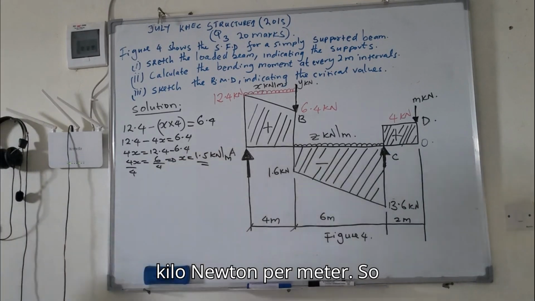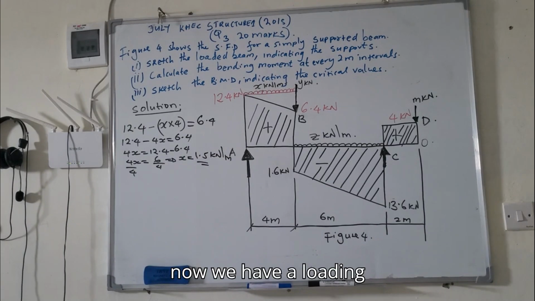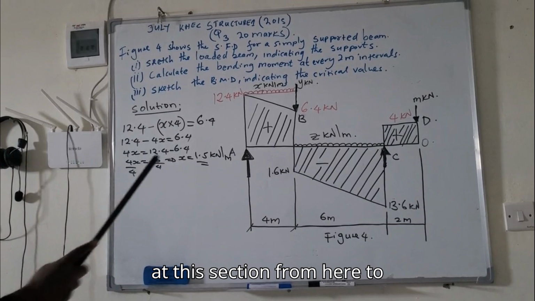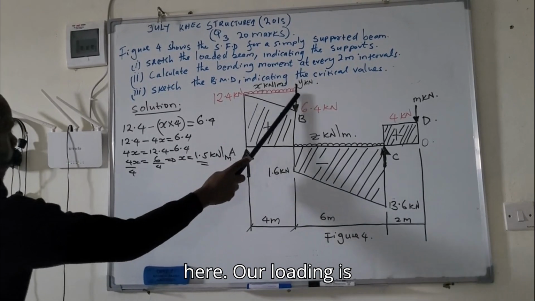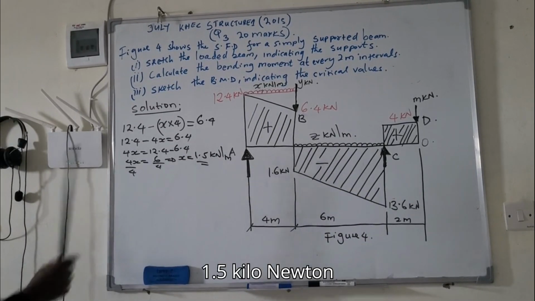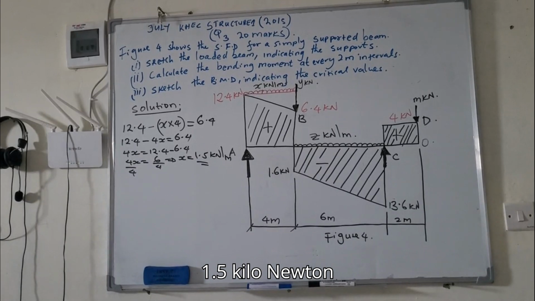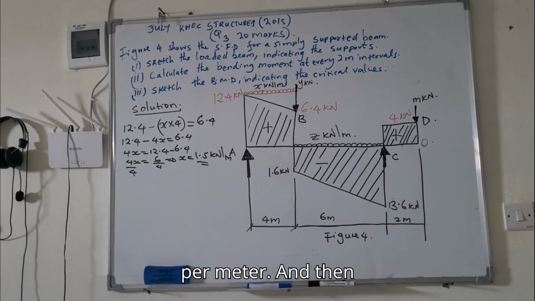So now we have the loading on this section from here to here: 1.5 kilonewton per meter.